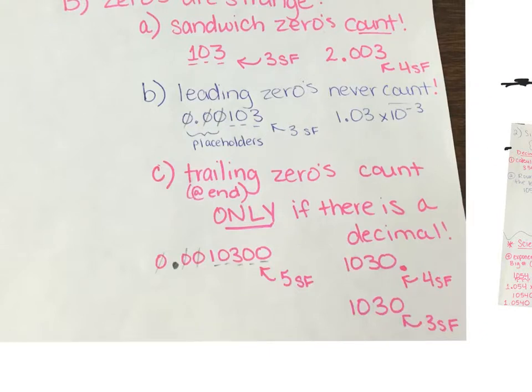It's a specific measurement, so you have to include those zeros. They do count. Here we have 1,030 with a decimal at the end. This would count as 4 significant figures. If I did not have that decimal at the end, I'd only have 3 significant figures. So this is showing you the trailing zeros are only going to count if there is a decimal.